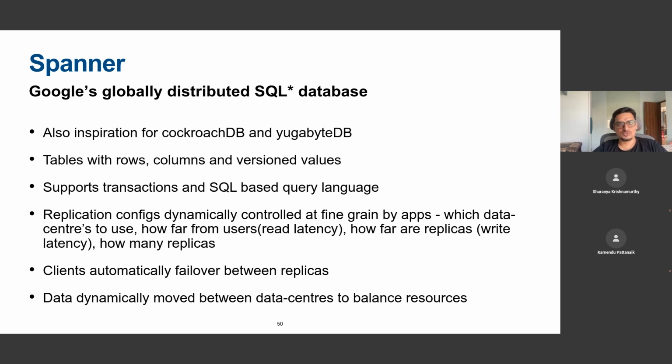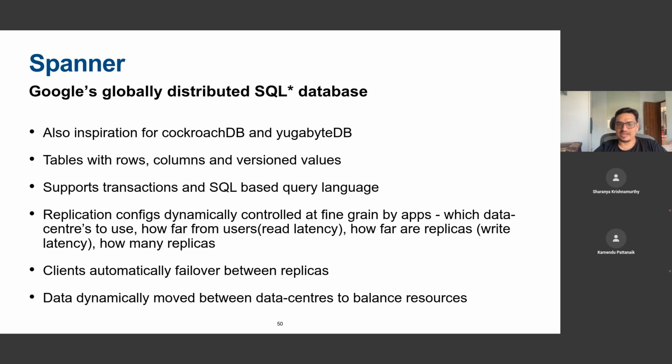It used to be an SQL kind of protocol, but very different from typical ANSI SQL or Postgres or MySQL kind of SQL. This SQL dialect is a bit different, but they have similar things like rows, columns, and values that are versioned with timestamps, so you have that full history.